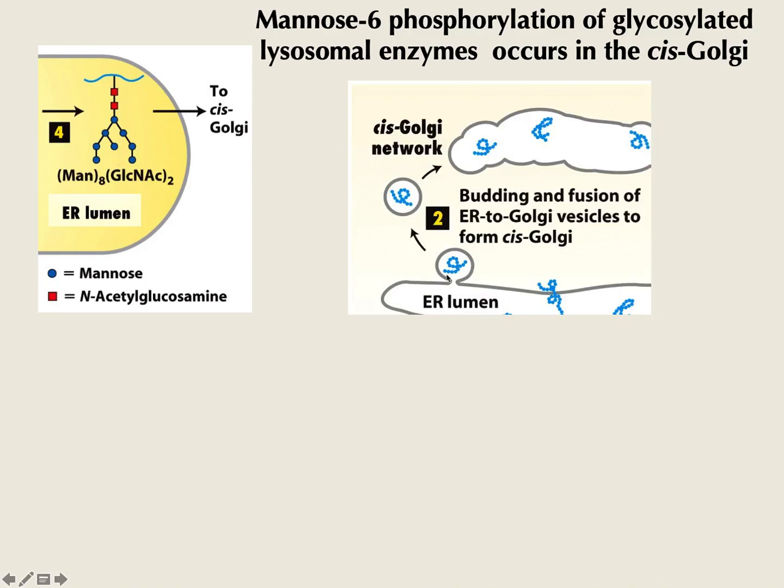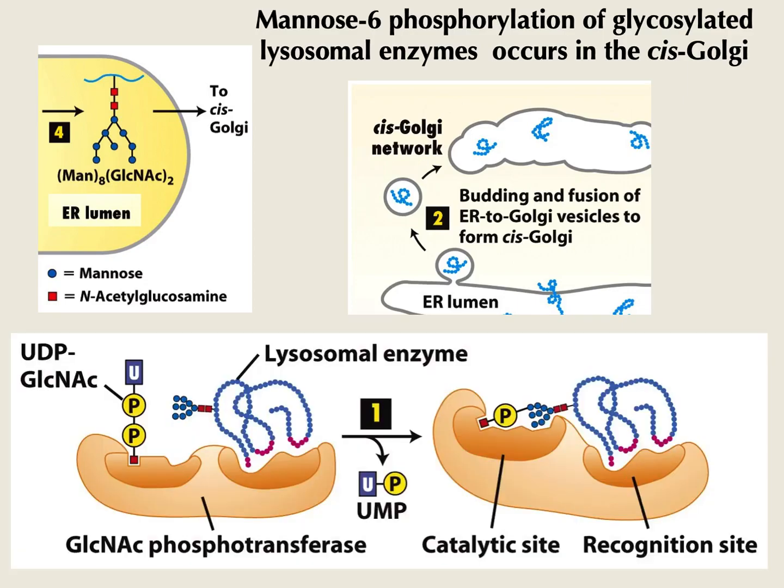And like we saw last time, for most proteins, there's kind of a default series of modifications of these glucidic residues. Well, it turns out lysosomal enzymes escape that. And they escape that in this way I'm about to tell you.